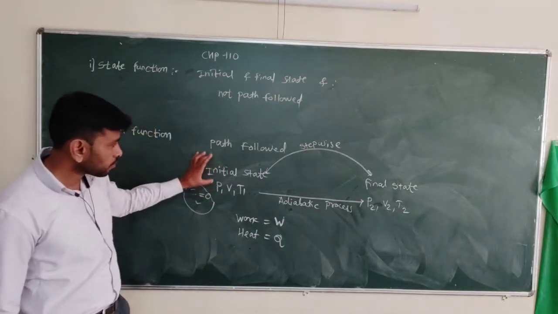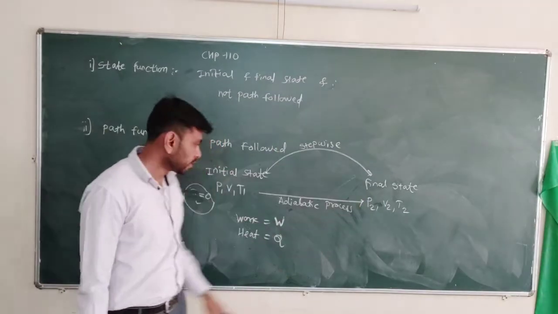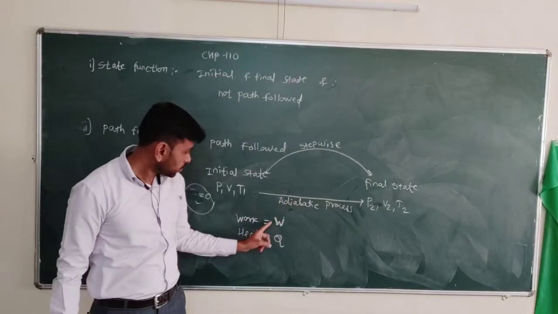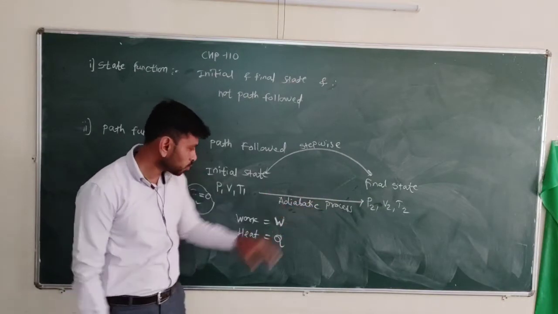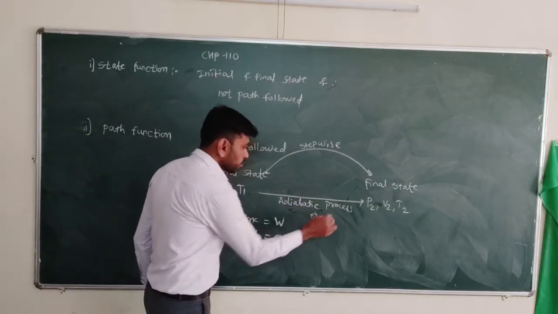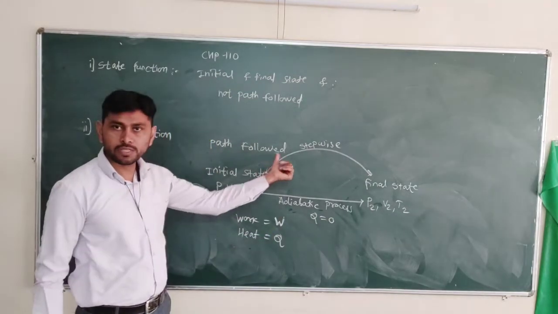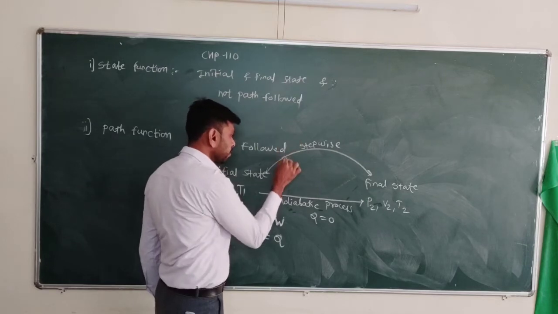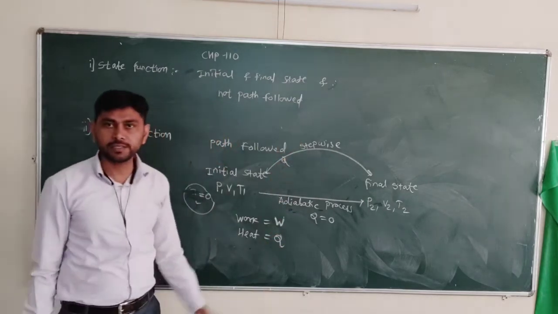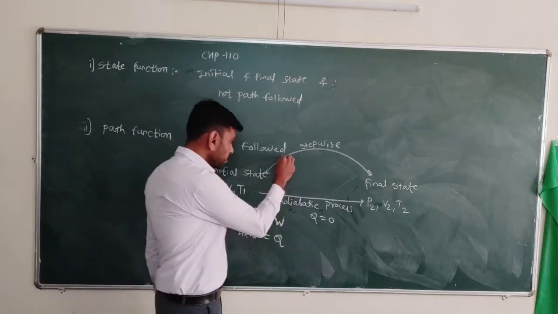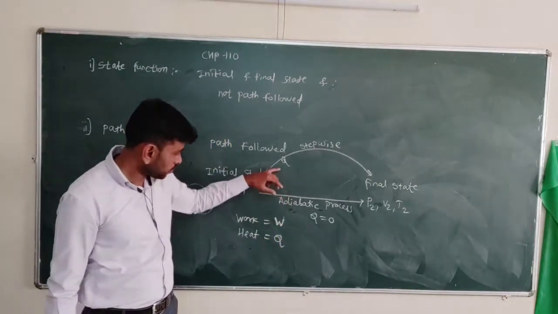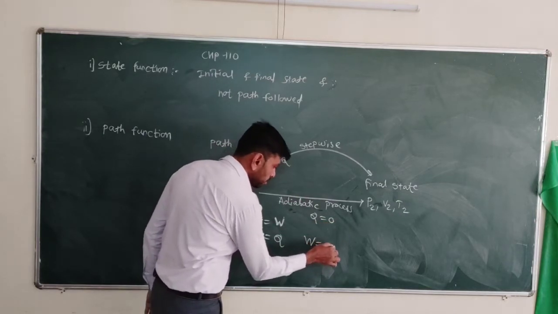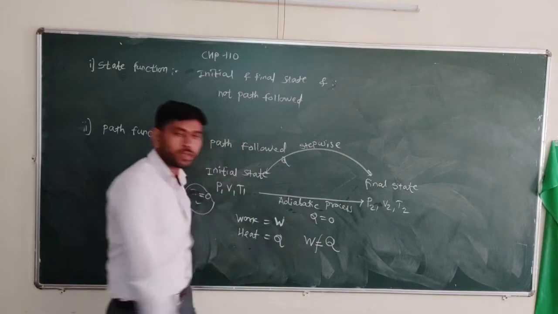When the system changes from the initial to the final state, the total change is the same, but if the path changes, then in the adiabatic process Q is equal to 0, and if the process takes place stepwise, then Q has some value. Heat changes take place stepwise, and work has some other value in the process, but W is not equal to Q here.